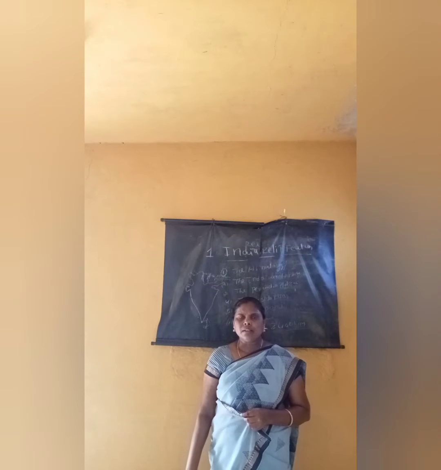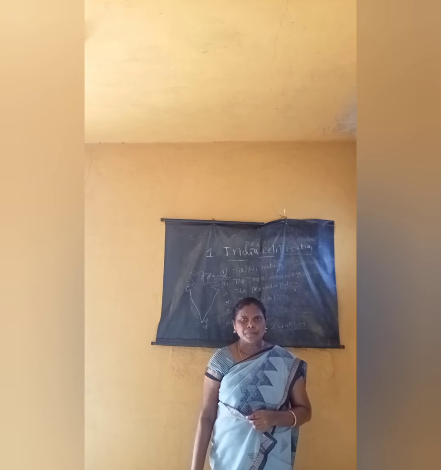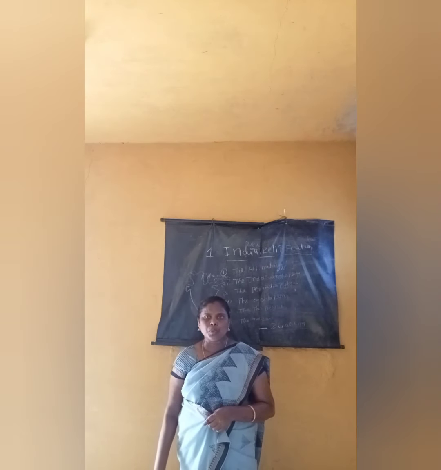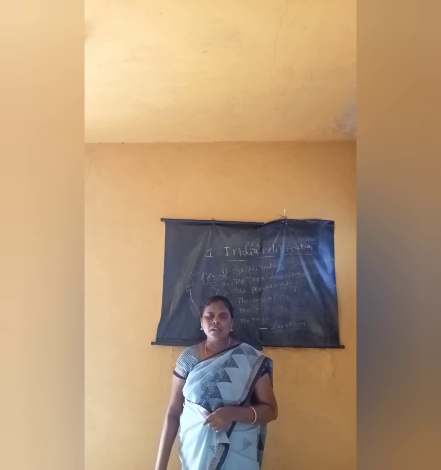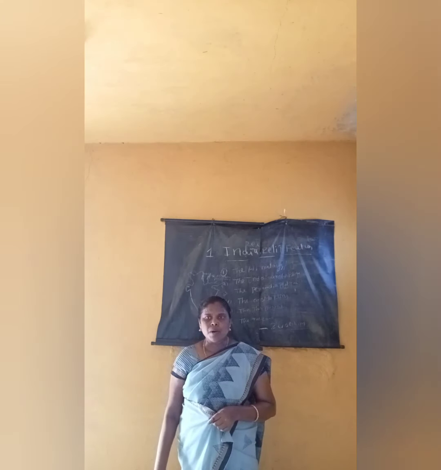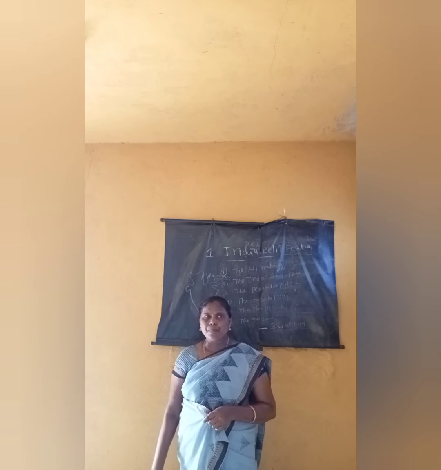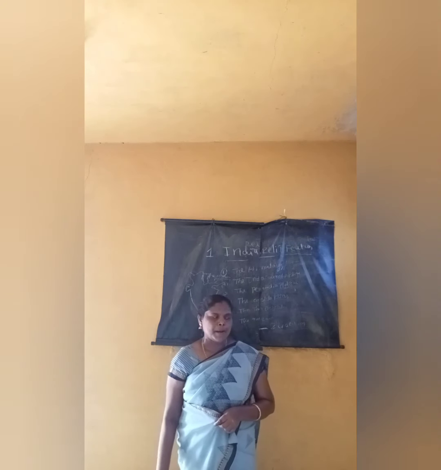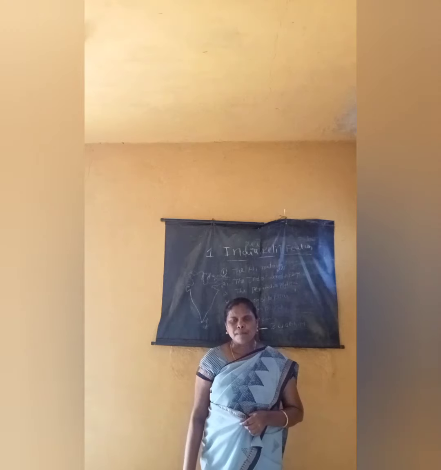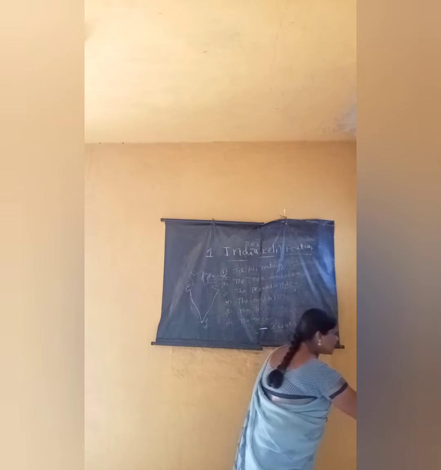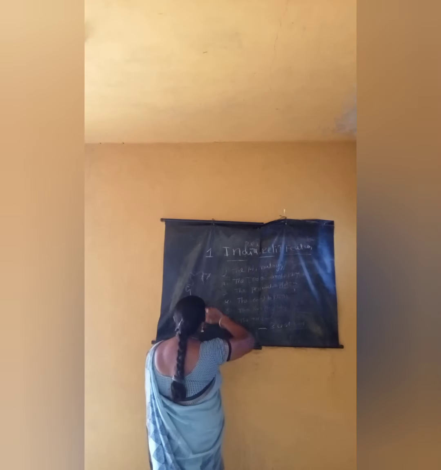Their width differs, from 500 kilometers in the western region to 200 kilometers in the central and eastern region. The Himalayas comprise three parallel ranges. What are they?